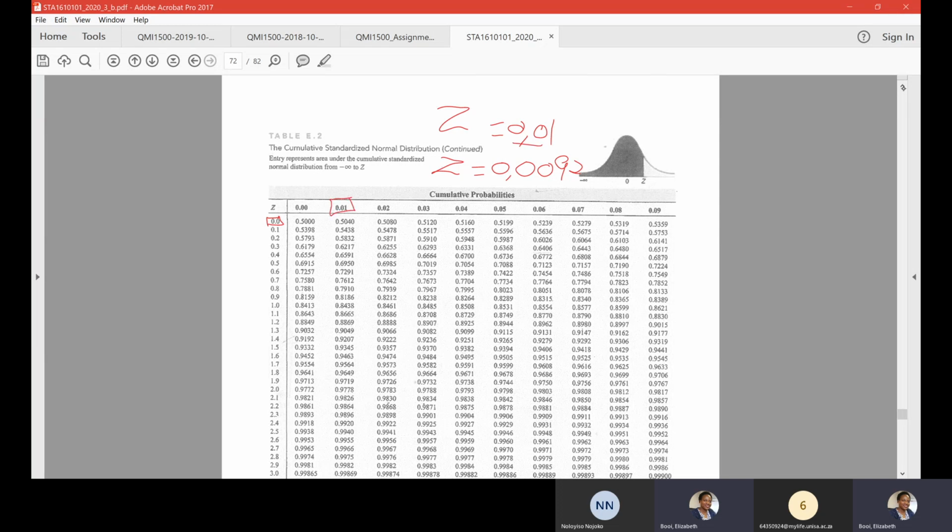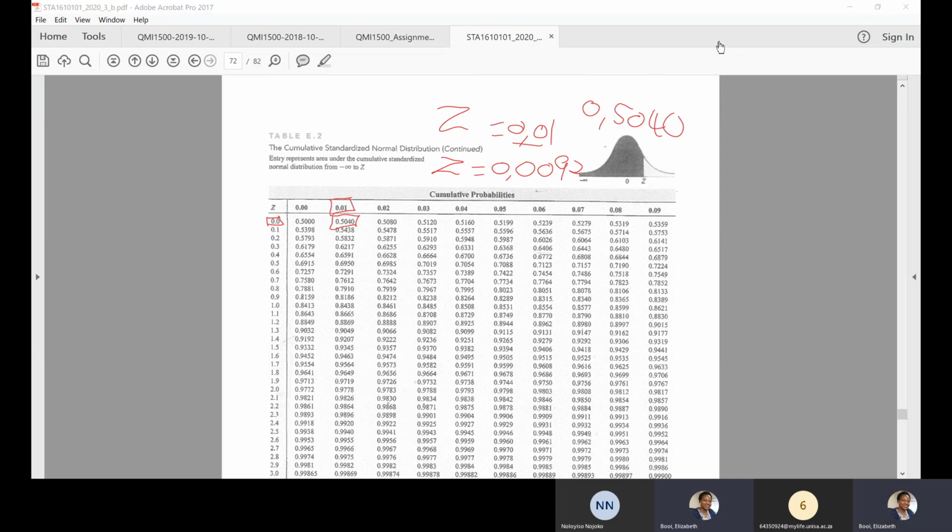We look for 0.01, and that will be our answer, which is 0.5040. So since this was a one-tailed test, that would have been the probability, the p-value.